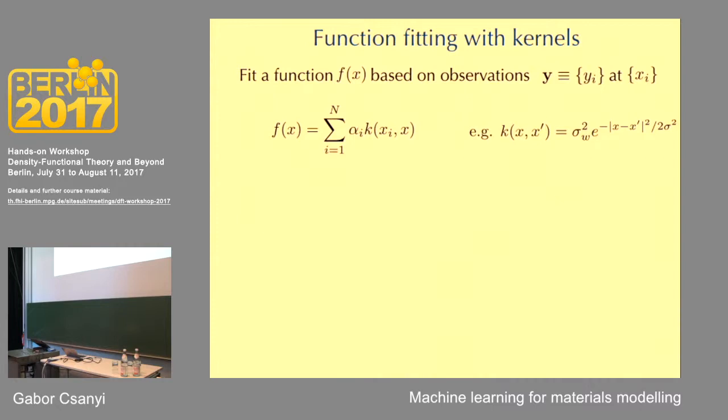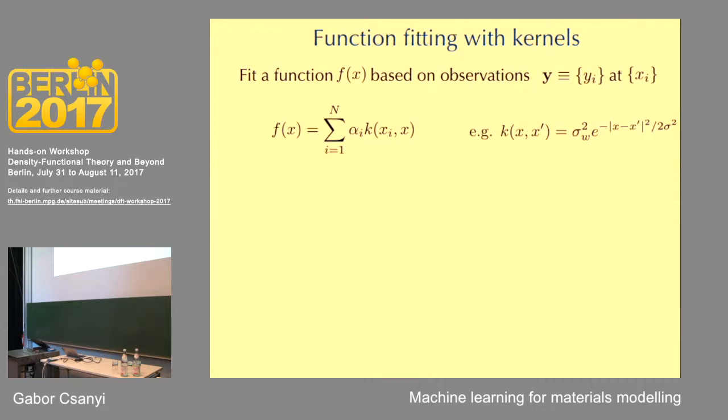So imagine that K is a Gaussian. It doesn't have to be, and it won't be in many parts of this talk, but will be in some parts of the proceedings. So imagine that K is a Gaussian, and I fit the function as a sum of Gaussians, and my degrees of freedom are alpha, the magnitude of those Gaussians. And I set the width. We'll talk about how to do that later, but the width is fixed.